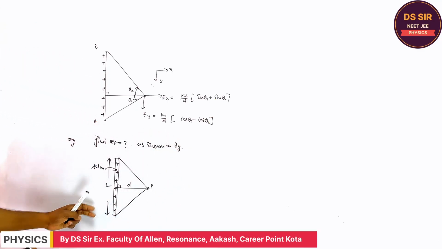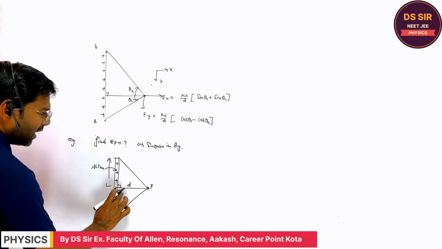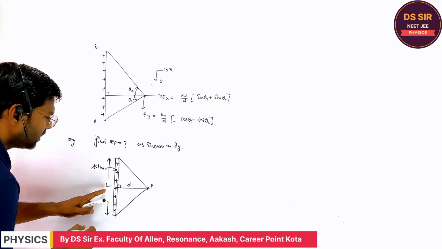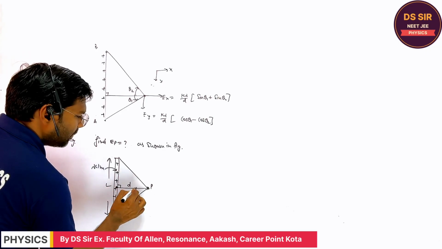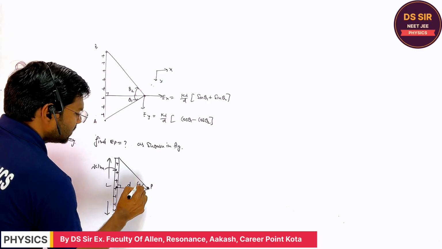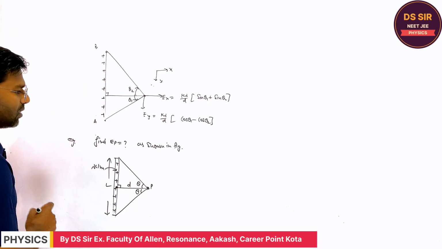So this is the question. The length is L at perpendicular distance D, and it is the midpoint. You must remember this is the perpendicular bisector.